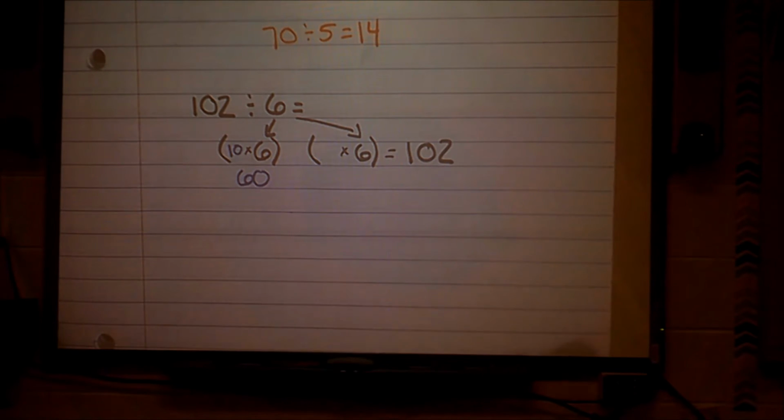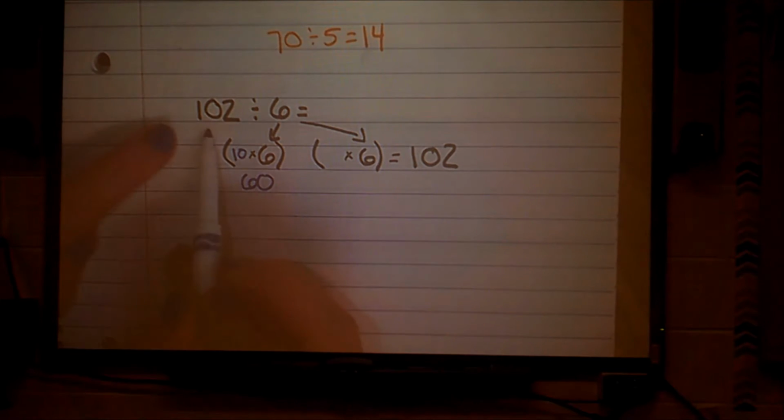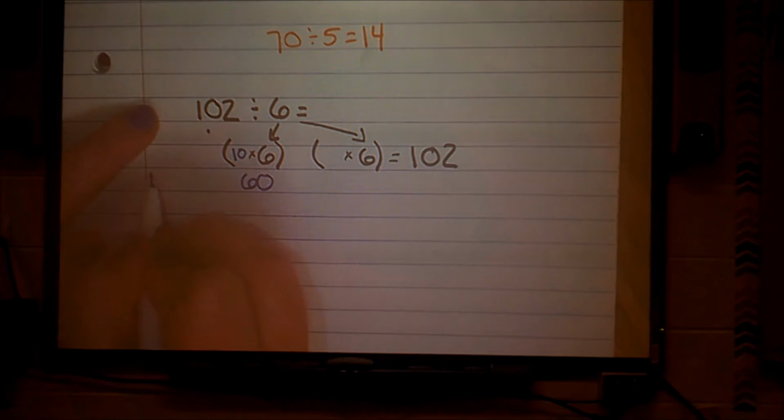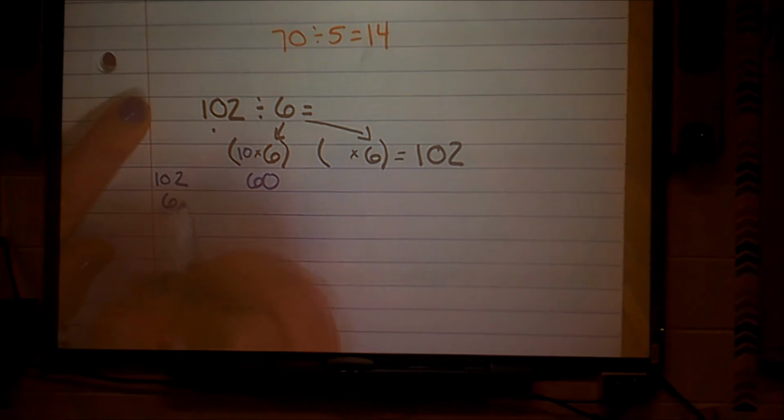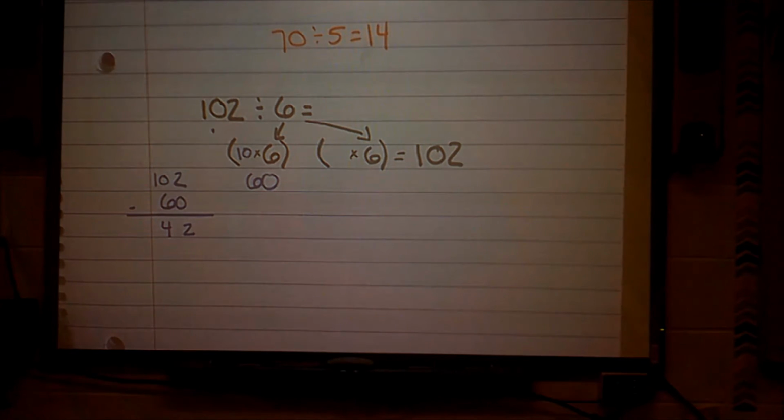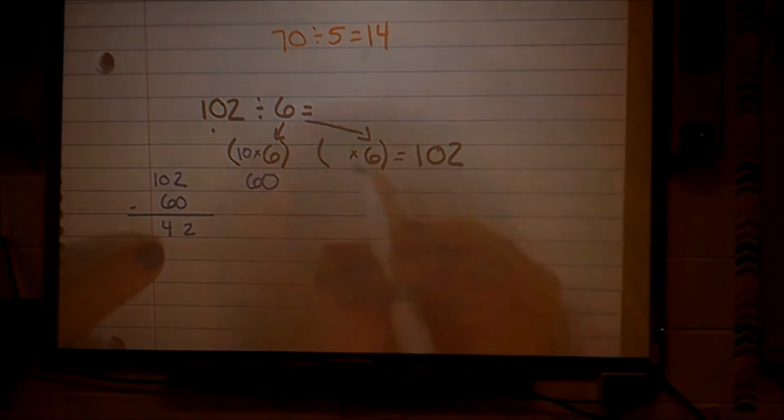So from this point, what I do is I take my 102 that I started with, over on the side here, and I'm going to subtract the 60 that I got here to figure out what my leftovers are. So right now my leftovers are 42. 6 times what is 42? 6 times 7 is 42.